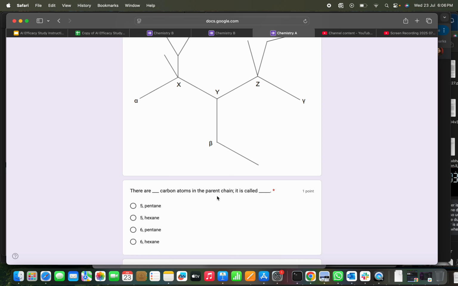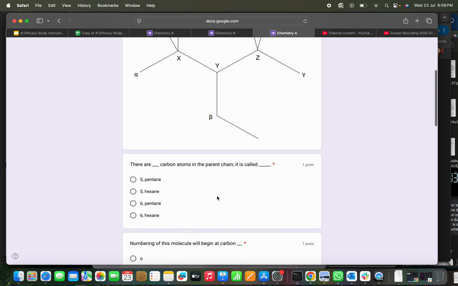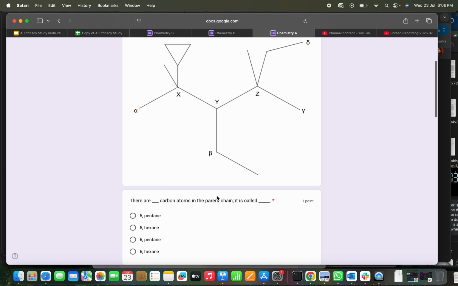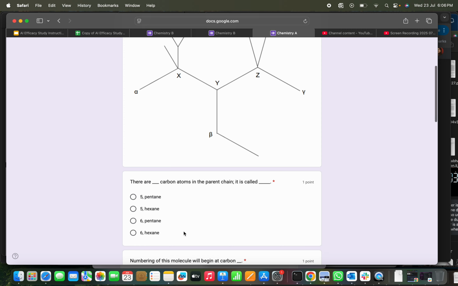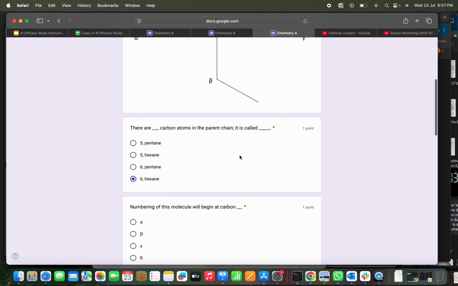What does the 6 comma hexane mean? I understand 1, 2, 3, 4, 5, 6. It's hexane. What's 5 or 6? I'll just go with 6 hexane. I'm not sure about where numbering will begin.